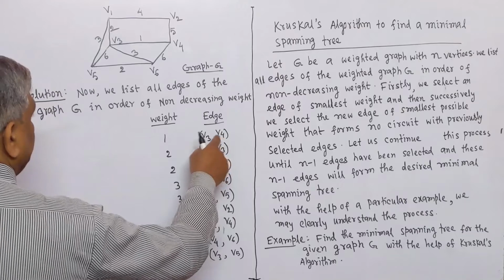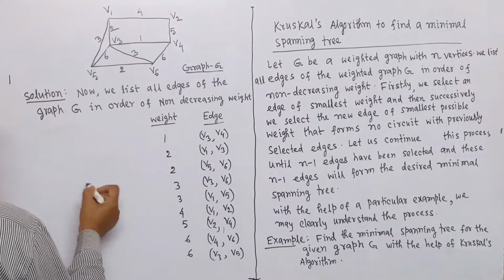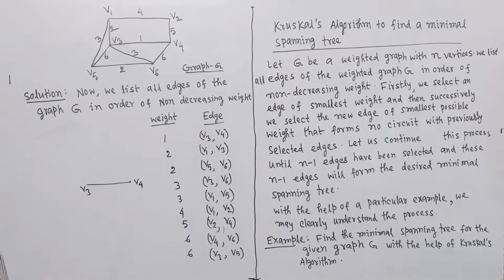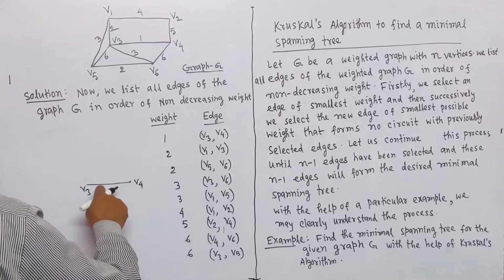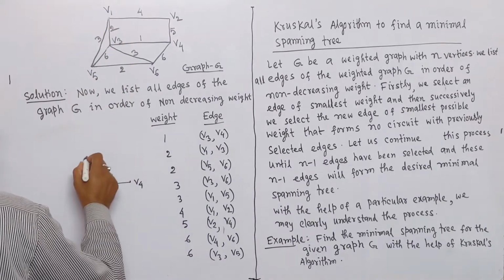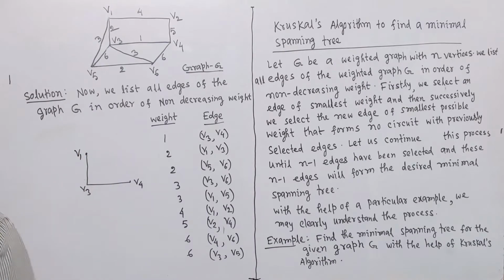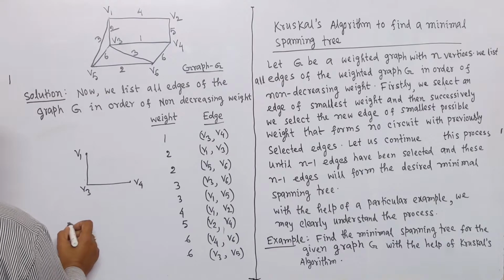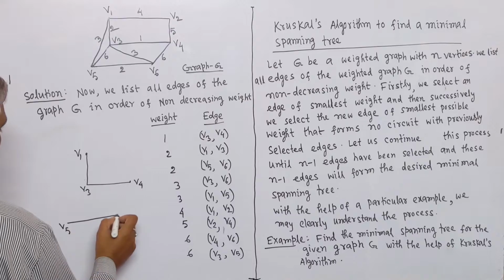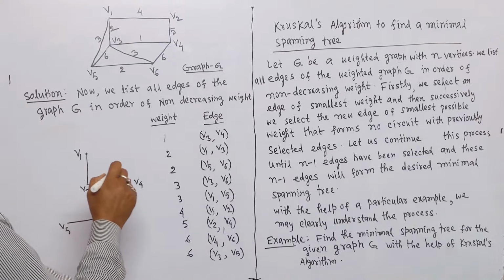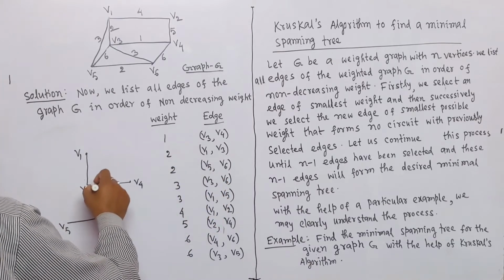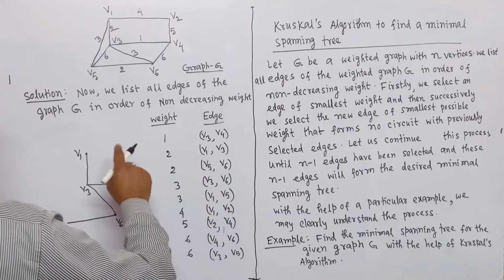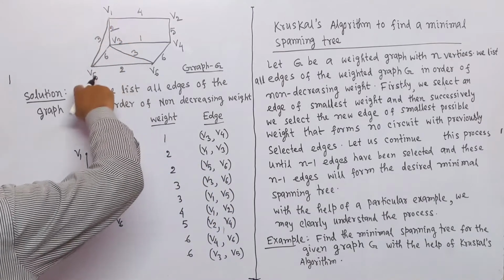Here firstly we take V3V4, smallest weight. Then V1V3. Then V5V6. Then V3V6. Then V1V5.